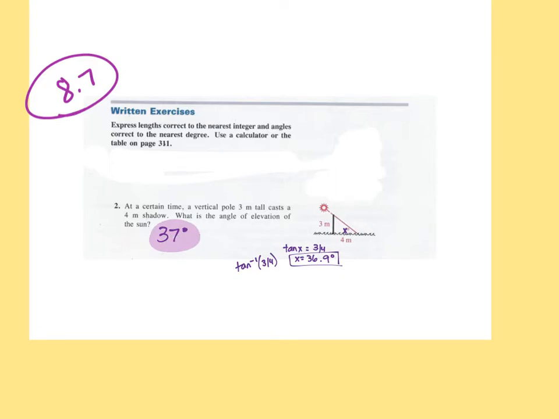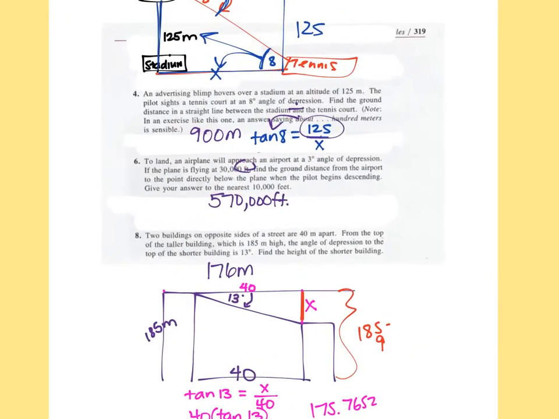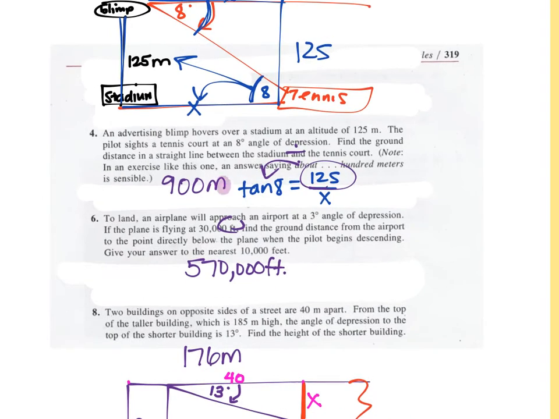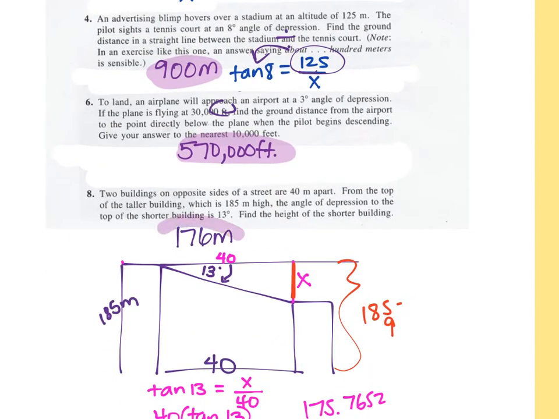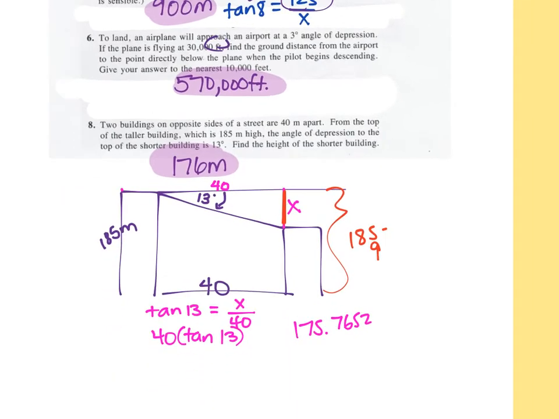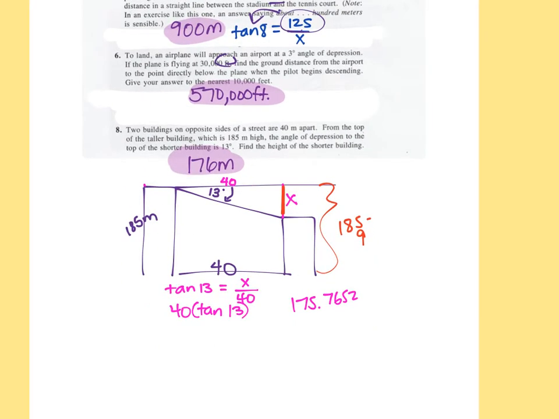You're trying to find the angle there, so you're using the inverse function. 4 is 900 meters. 6, 570,000 feet. 8, 176 meters. Questions on those?